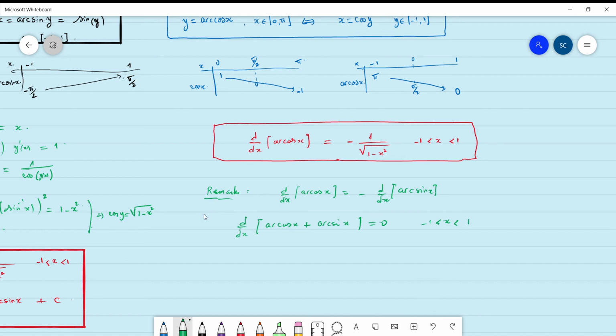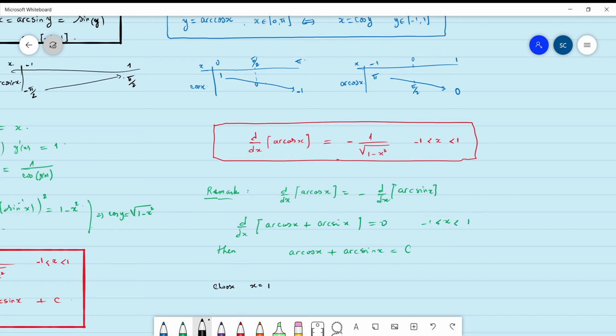Because these two functions are differentiable, we know from theorems that if the derivative is zero on an interval, then the function is a constant. Arc cosine x plus arcsine x is a constant c. To identify c, let's choose x equal 1.